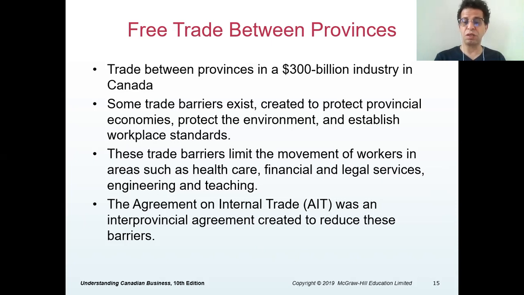What they usually do is put you through writing exams, certain bar exams, which are very difficult to do. Anyway, the Agreement on Internal Trade, or AIT, was an interprovincial agreement created to reduce these barriers.